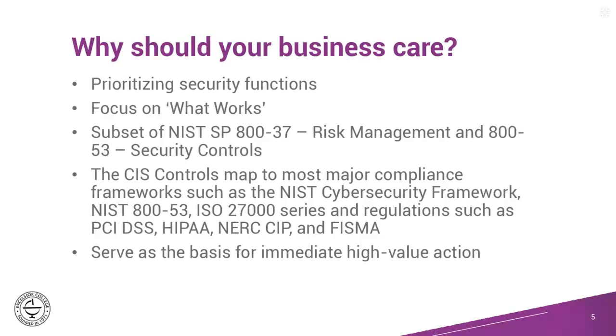The CIS controls, the 20 critical controls, have been mapped to the ISO standards, to the cybersecurity framework, HIPAA, FISMA. All the major business entities are using some type of standard, and these 20 critical controls can be mapped to them. And at the bottom of the slide, I put this on there.